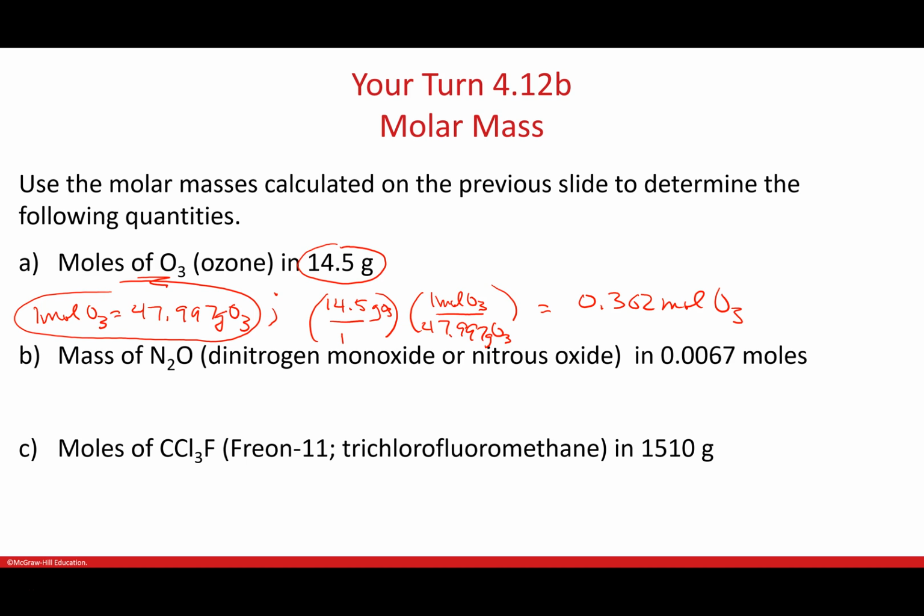All right. Now the next one, from the previous slide, we came up with the molar mass of NO2. So I'm going to put 1 mole of NO2 is equal to 44.013 grams of NO2. And in this case, notice my first term is not grams, it's moles. So I'm going to put 0.0067 moles NO3 over 1.